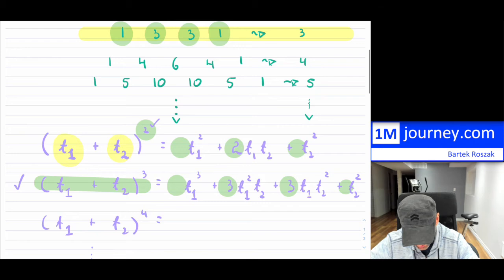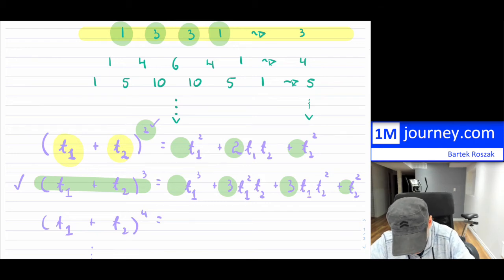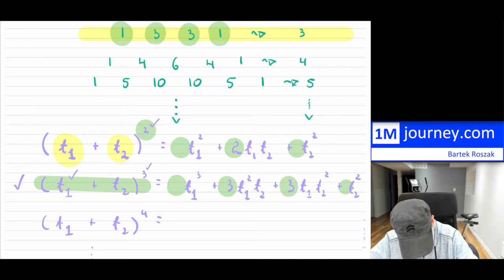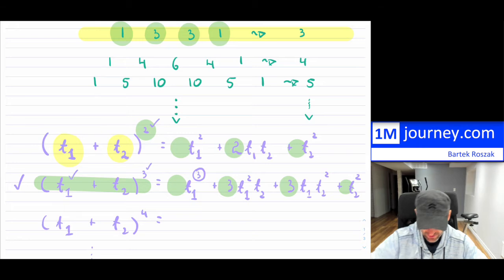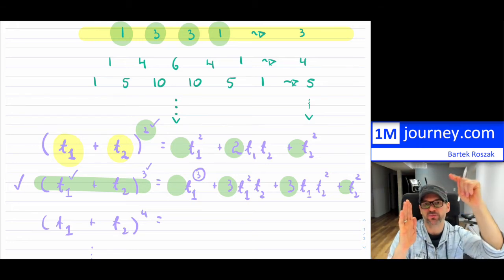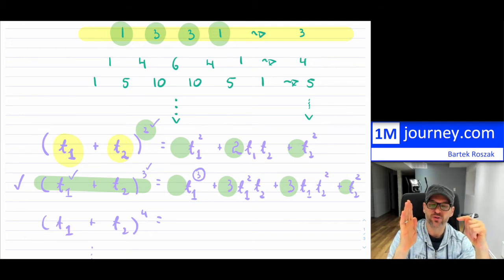What we do is we take the first term, and because we are now cubing it, that is where our exponent comes in. So we're going to start with our first term, which is going to be cubed. If it was squared, it would have started with squared. If it's to the 4th, it would have started to the 4th.